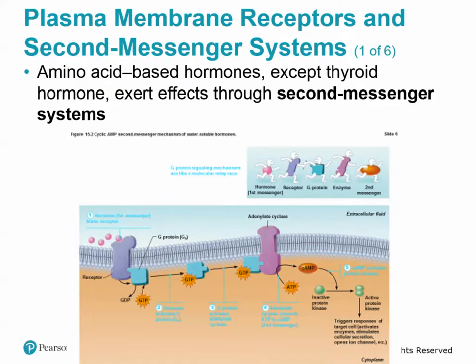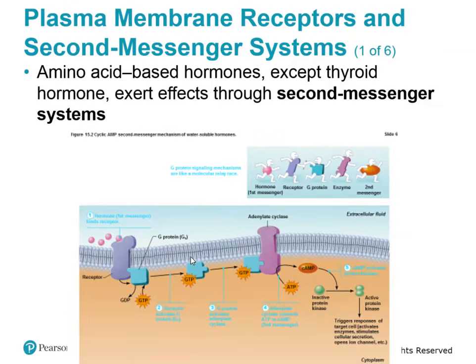Okay, so this is showing how your amino acid-based hormones, or the water-soluble hormones, are going to rely on these second messenger systems. Now, you don't need to know all these specific steps. Just know that generally the hormone cannot pass through the cell membrane, since the hormone's water-soluble, right? So remember, what is the cell membrane made out of?